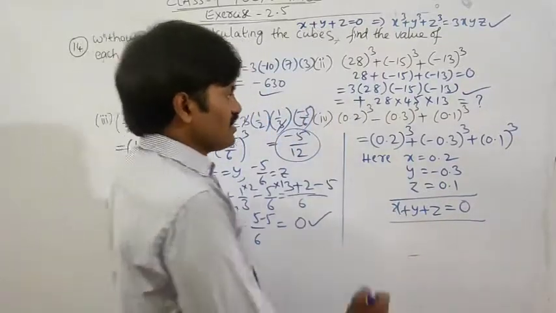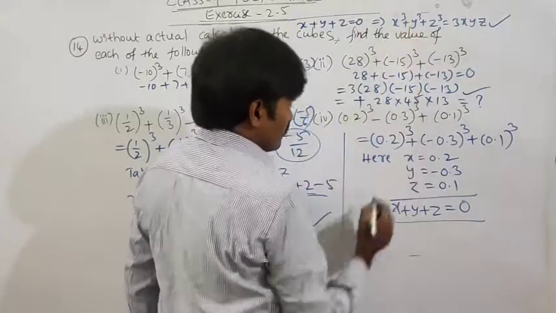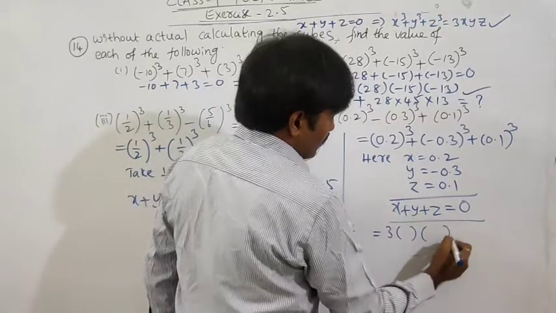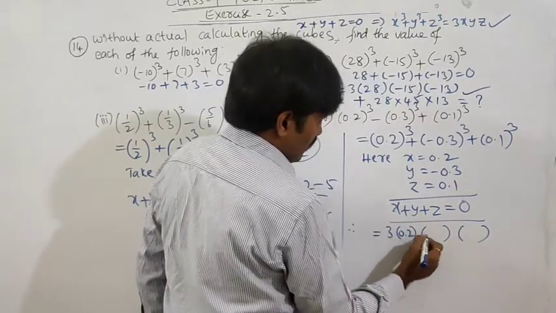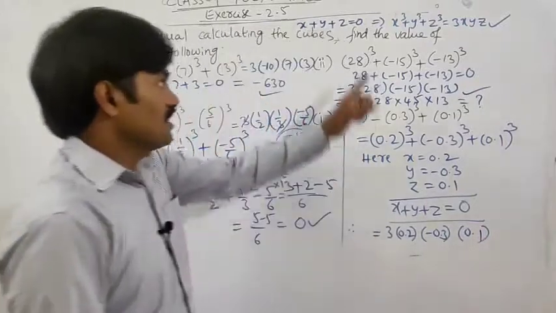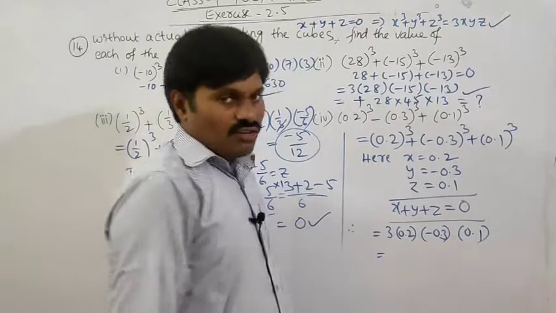So the final answer is 3 into x into y into z. Therefore the answer is 3 into x into y into z, where x is 0.2, y is minus 0.3, z is 0.1 based on this result. So decimals, how to multiply?